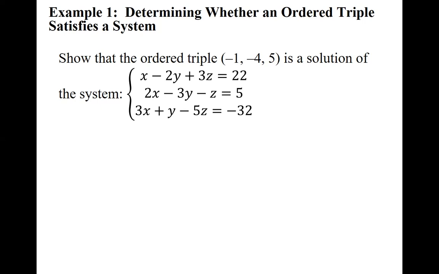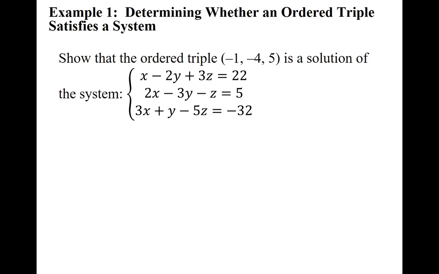Show that the ordered triple -1, -4, 5 is a solution of this system. X minus 2y plus 3z equals 22, 2x minus 3y minus z equals 5, and 3x plus y minus 5z equals -32.